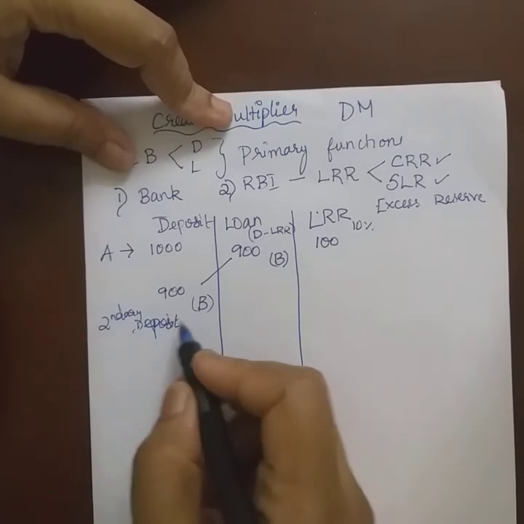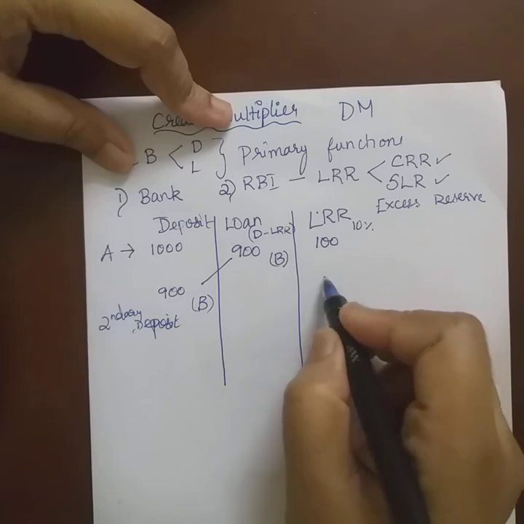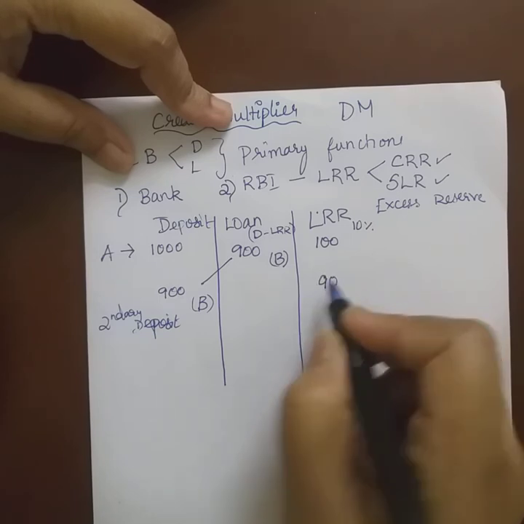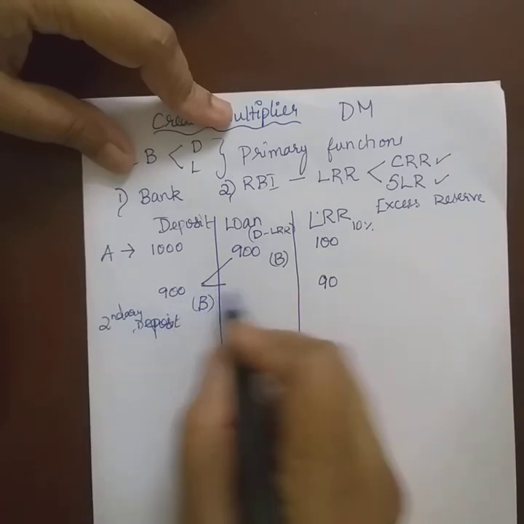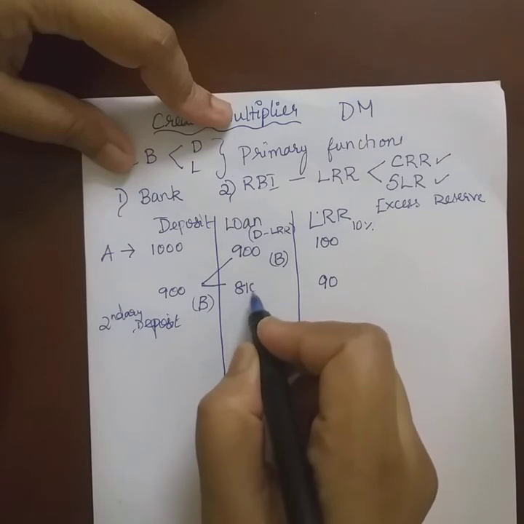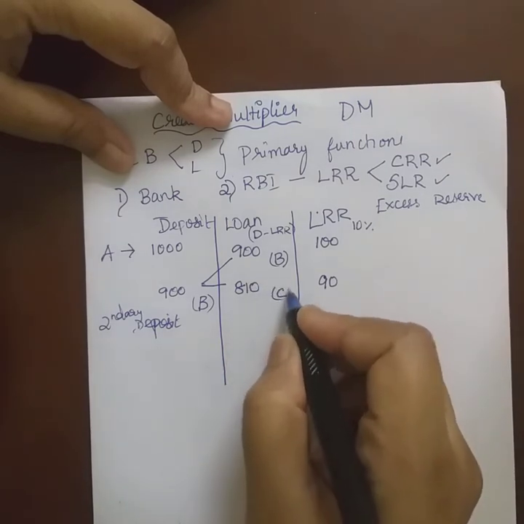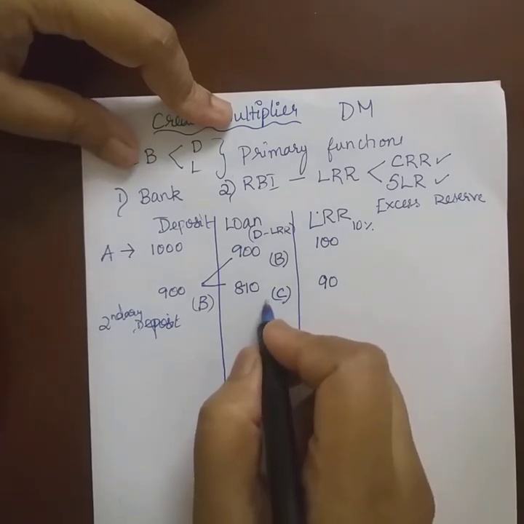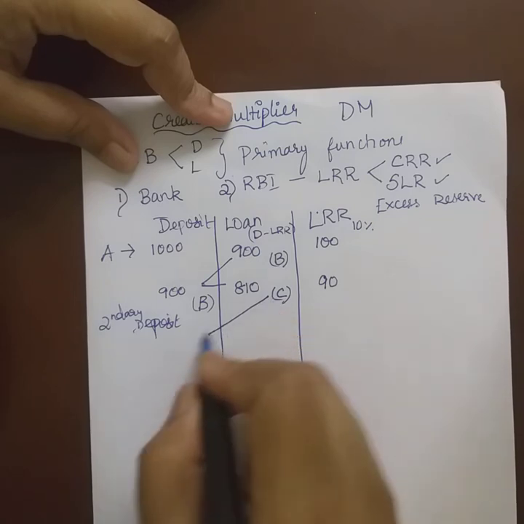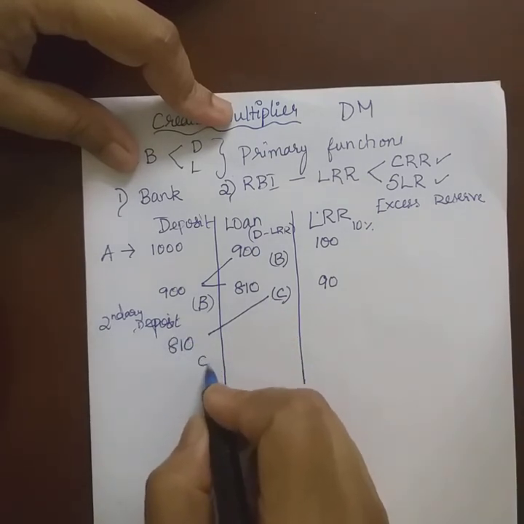So from this secondary deposit, once more, 10% is kept as a reserve, and the rest, 900 minus 90, that would be 810. So the rest 810 can be lent to another person, C. So again, as banks normally do, this is going to be deposited in C's savings account.